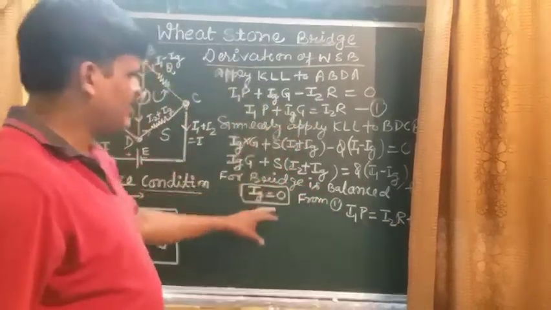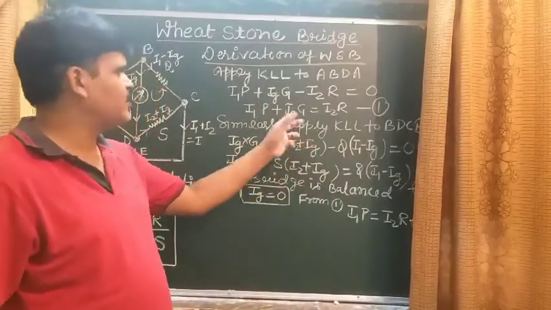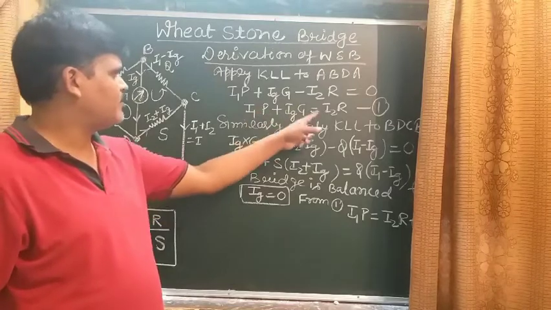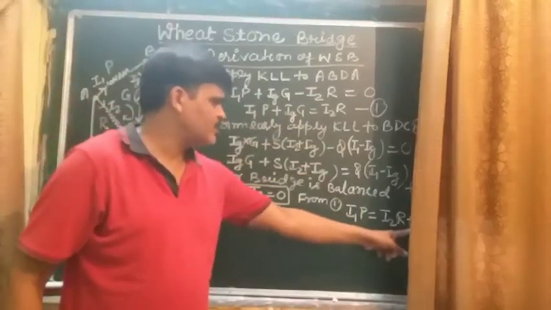Students, see here, directly I put the value of Ig as 0, so this term is 0. So I1P equals I2R. This is equation 3.